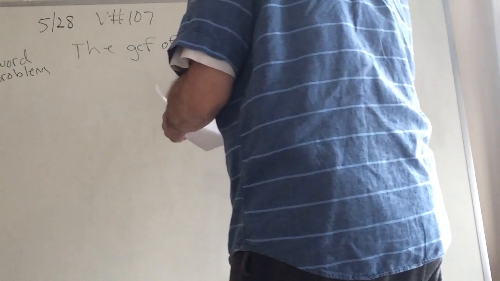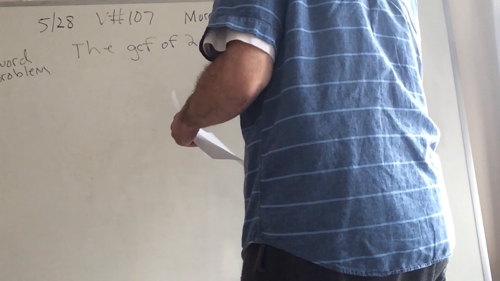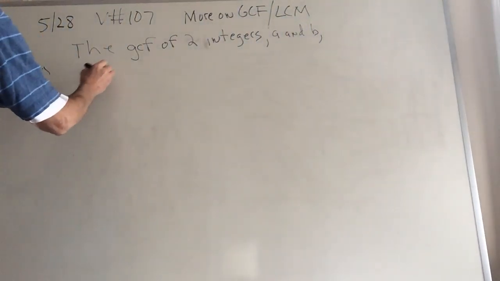The GCF of two integers A and B is 8. So they tell you what the GCF is.